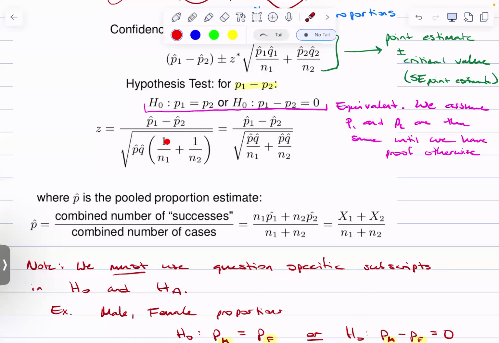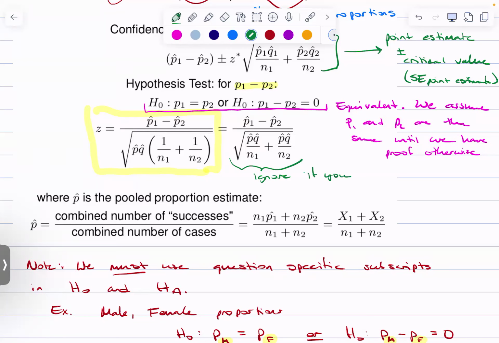Because then I can just find 1 over n1 plus 1 over n2, and then multiply it by p hat q hat. Right. So I prefer this first one, so that's the one that I'll be using. But, right, you can ignore this if you want.